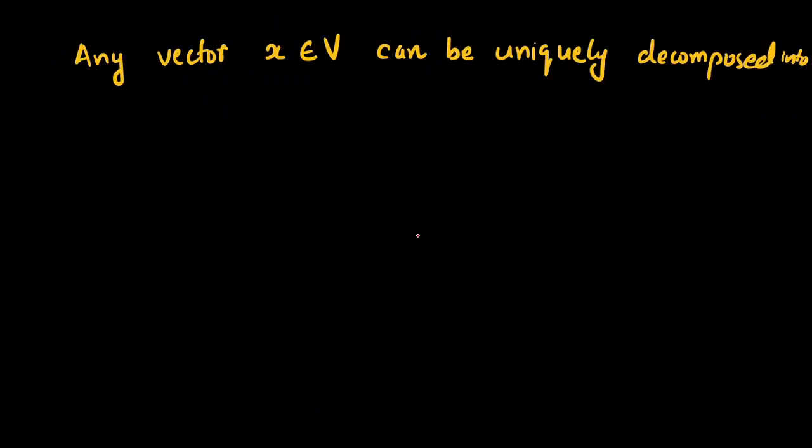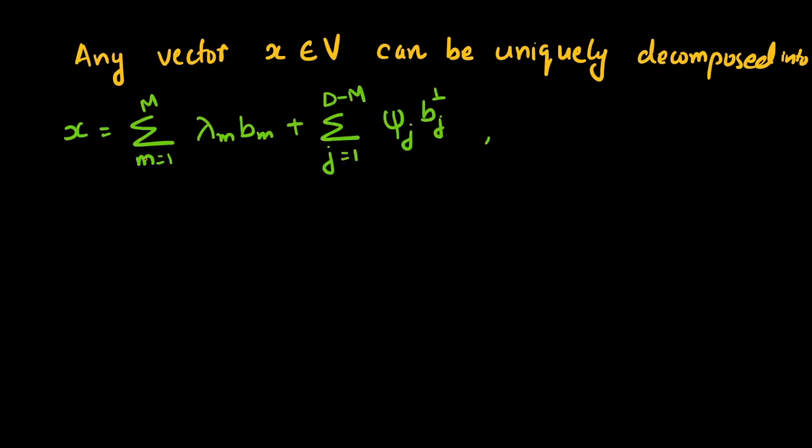Any vector x belonging to V can be uniquely decomposed into a linear combination of the basis vectors of U and its complement.